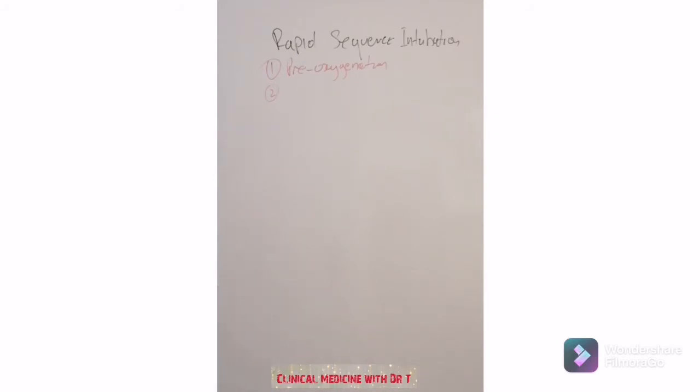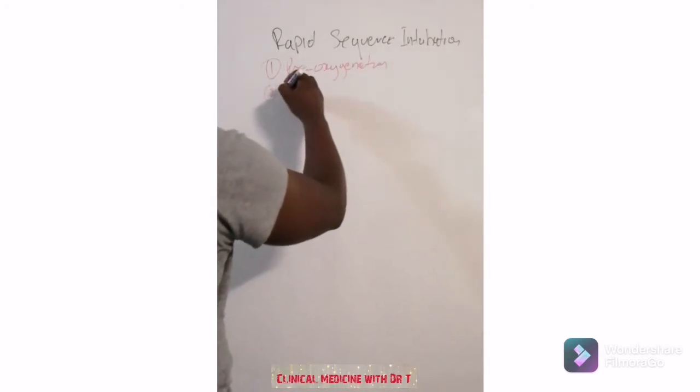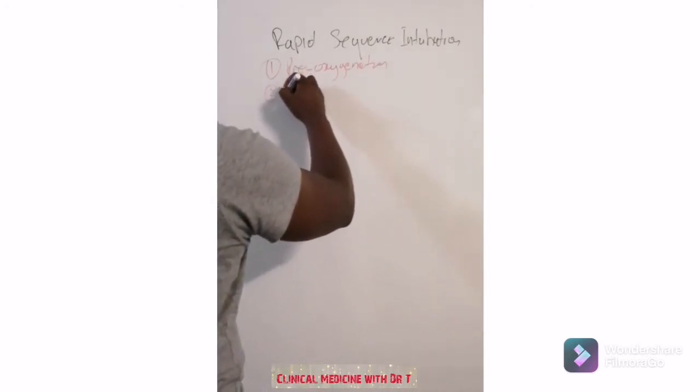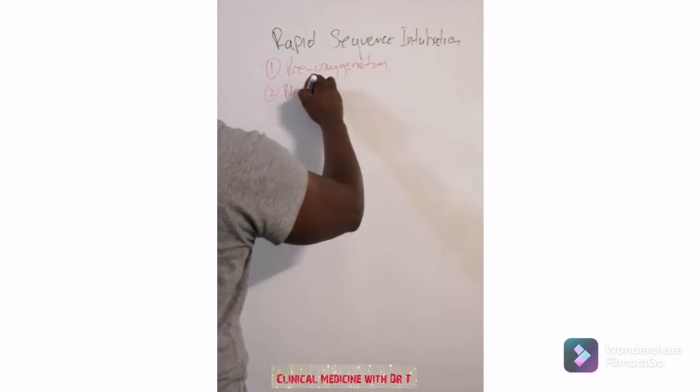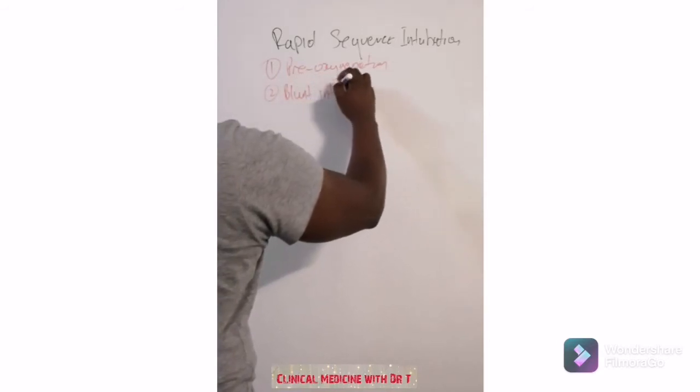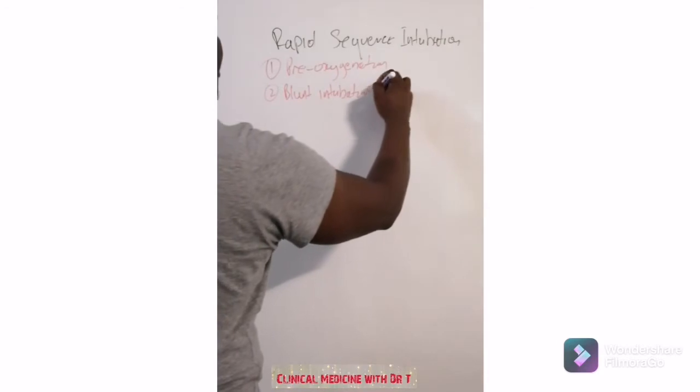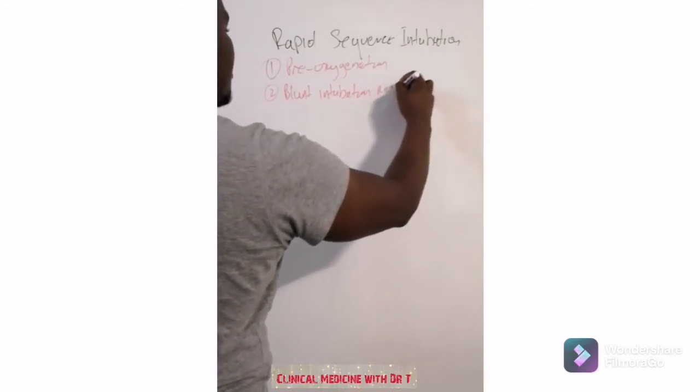So pre-oxygenation, once you're happy with that, you give a drug that will blunt the intubation response.